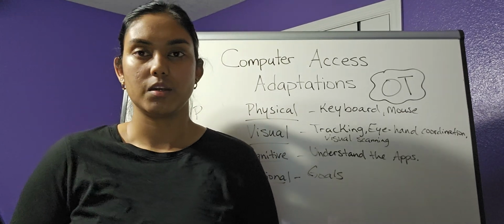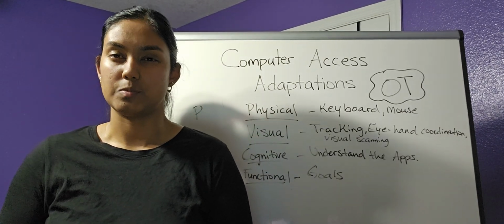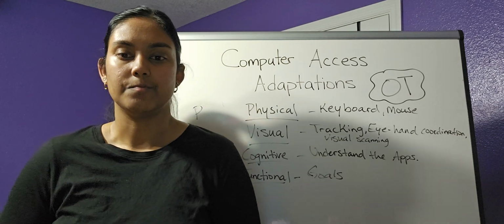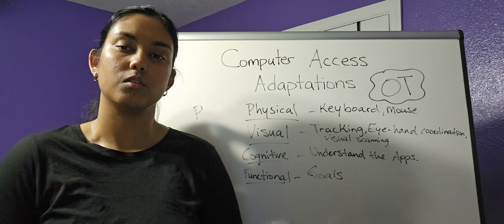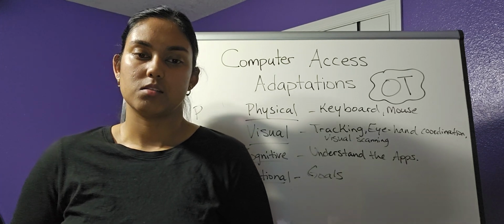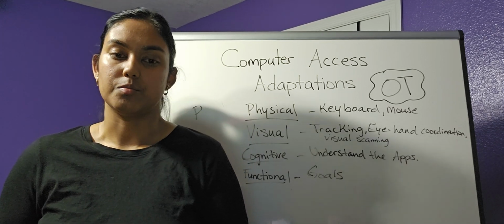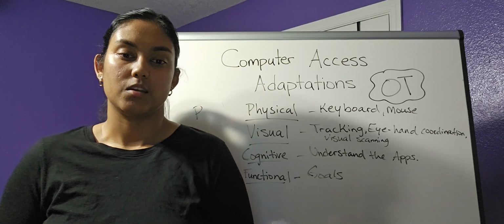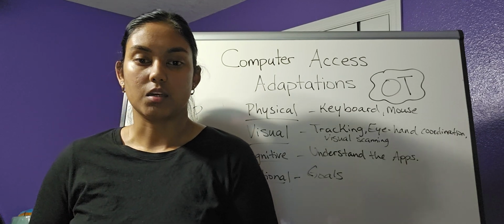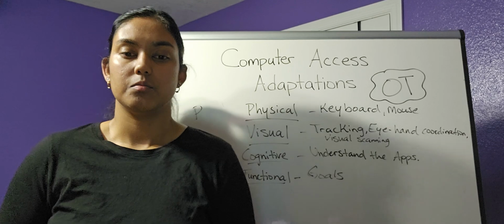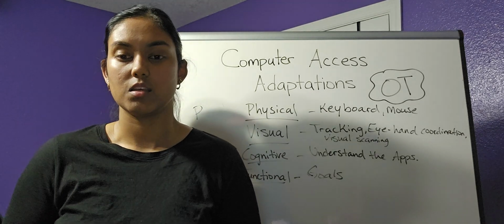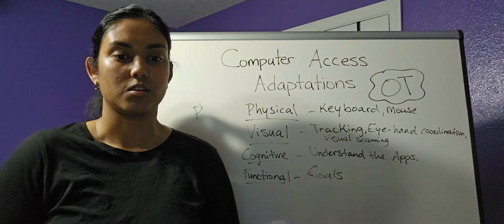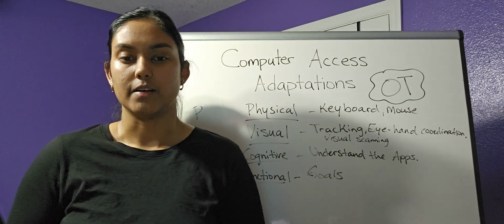For speech, Windows and Mac have speech recognition. This uses dictation, command, and control commands in order to operate the computer. There's a program called Reach. It's an on-screen keyboard. It can be modified by size, color, shape, and arrangement of the keys, and the options and features allow for a more flexible access method.